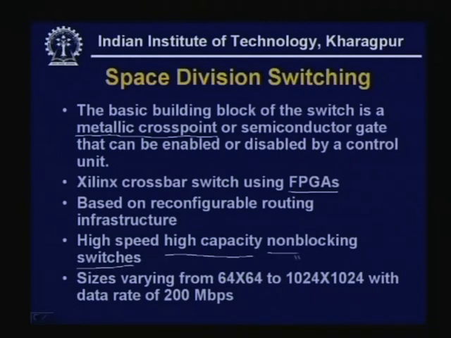I shall explain what non-blocking means very soon. It provides very high capacity, varying from 64 by 64 to 1K by 1K. So, you can have a very big crossbar switch such as 1K by 1K, and that operates at a very high speed, 200 megabits per second. Obviously, the data rate is quite high nowadays, which is possible by using field programmable gate arrays available from Xilinx.